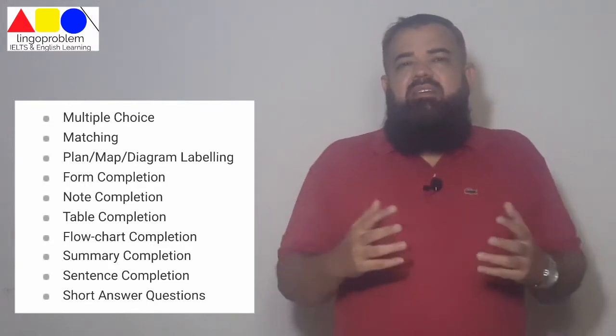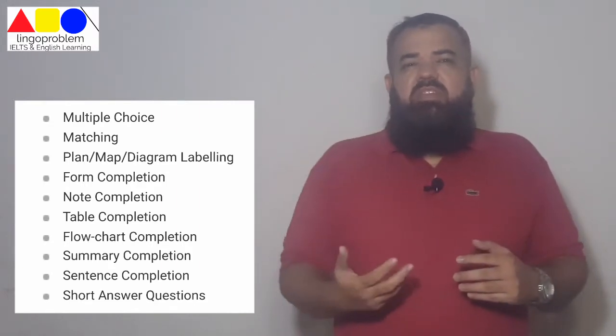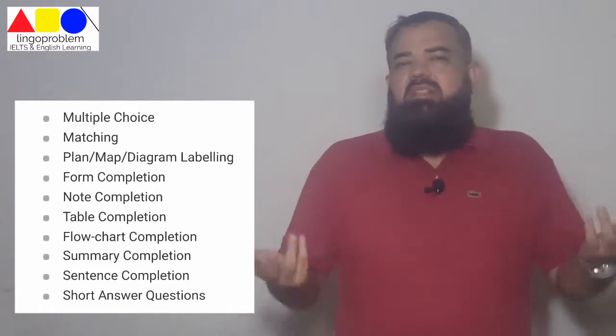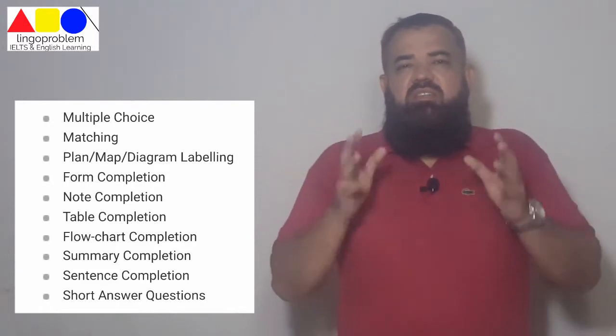Then you have this form completion question, table completion question. Then there are 1 word to 3 words short answers, and sometimes you have these matching questions. So these are the question types. We'll be discussing it in more detail when I will tell you more about how to do the IELTS listening.